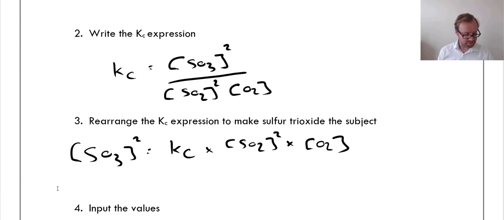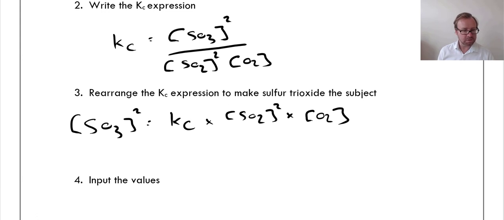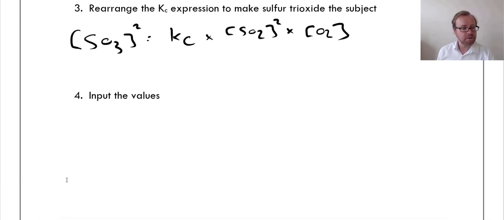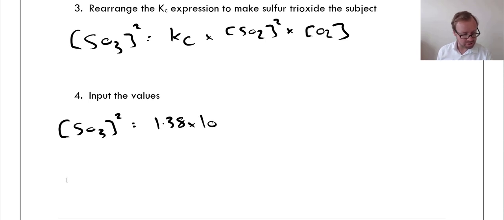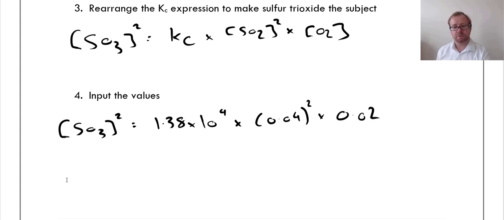Now all I need to do is input the values. So my value for Kc is 1.38 times 10 to the 4 times SO2, which is 0.04 times 0.02.